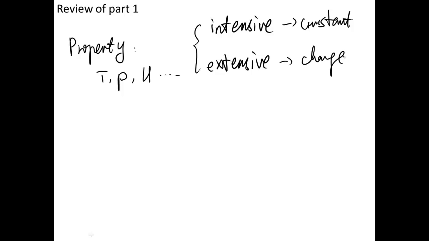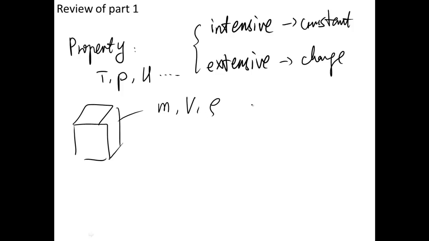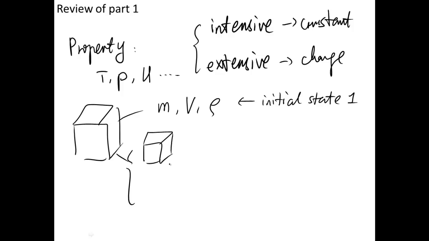Okay, so now I give you one example. I have here a solid with mass m, volume V, and density ρ at its initial state, state 1. And now I cut it into two equal parts.